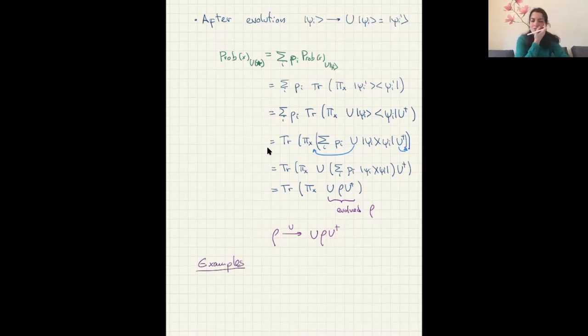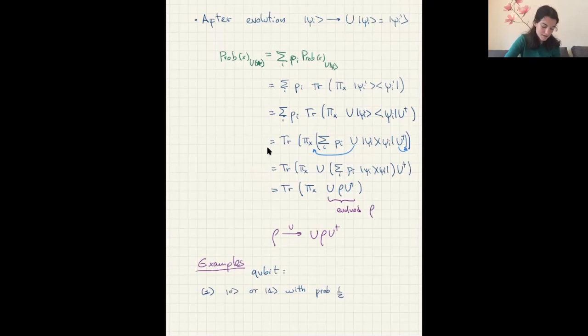Let's suppose that we have a machine that prepares qubits. In the first case, case 1, it prepares either qubit 0 or 1 with equal probability.